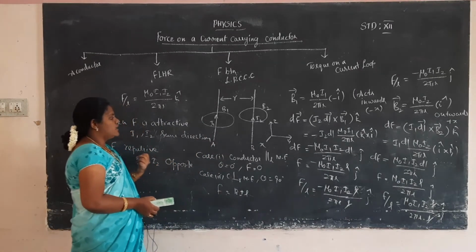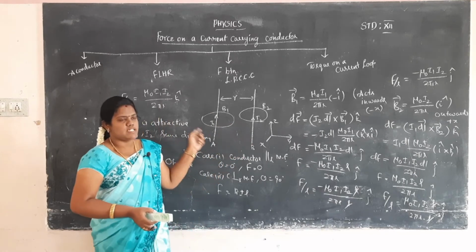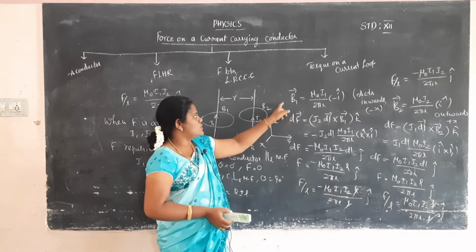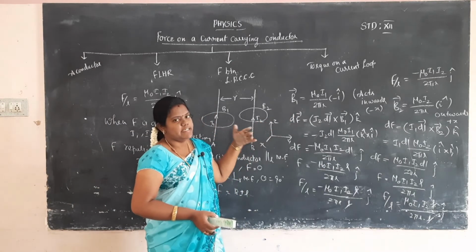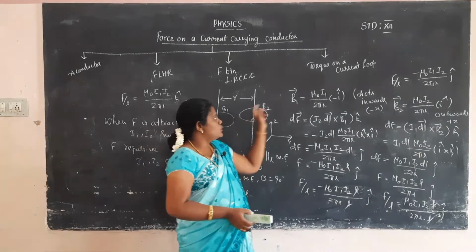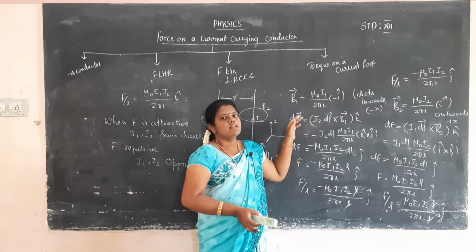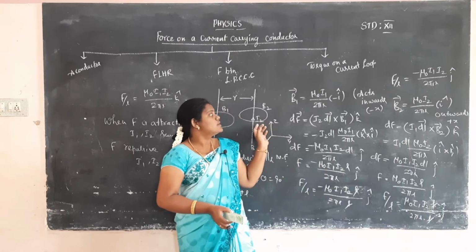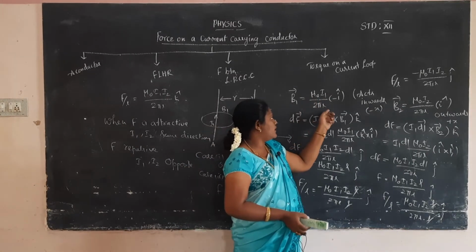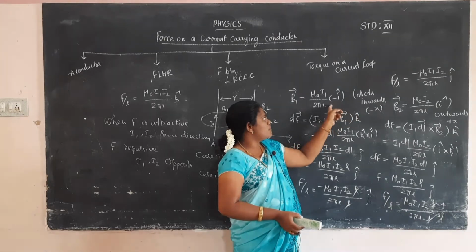So first we consider the magnetic field created by the first conductor. B1 is equal to mu naught I1 by 2 pi r, the formula for the magnetic field of a long straight conductor. The field is acting inward, so we take the minus x direction, minus I cap.